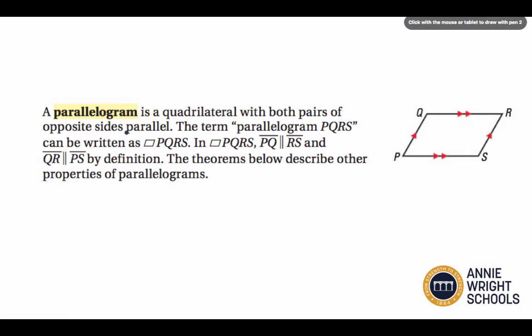So I could tell you parallelograms have congruent sides, opposite angles are congruent, consecutive angles are supplementary, or diagonals that bisect each other. But all of those properties can be proved if we just define a parallelogram as a quadrilateral, so that's a four-sided figure, with both pairs of opposite sides parallel.